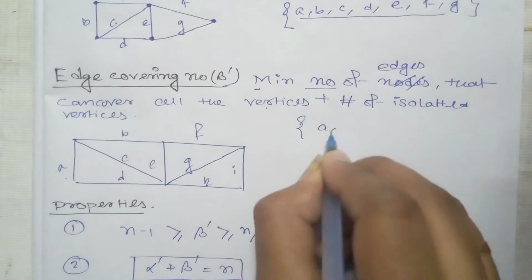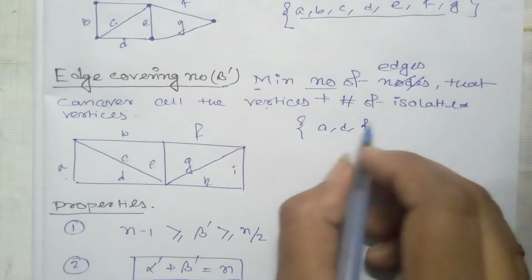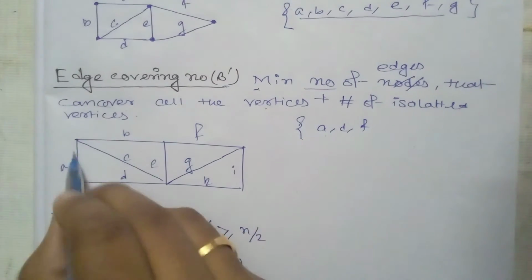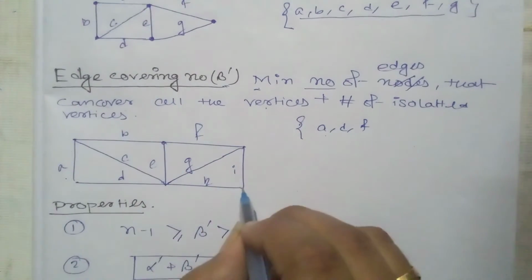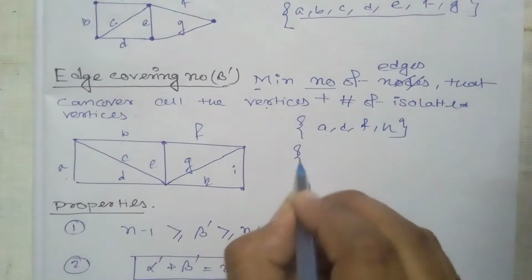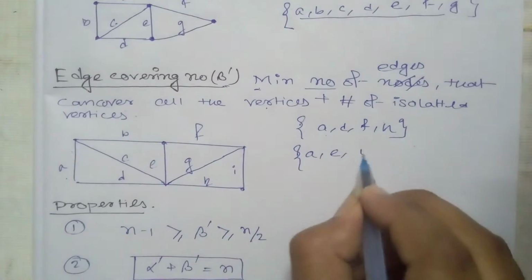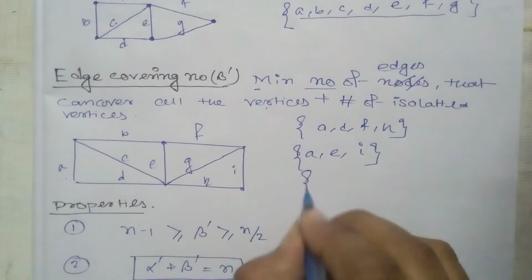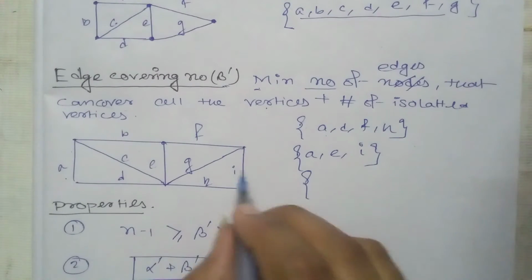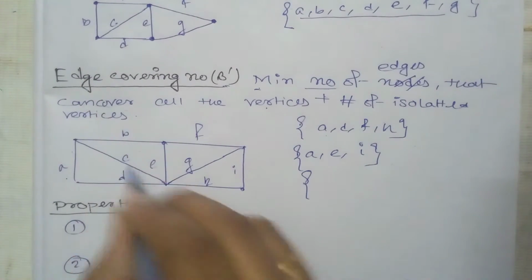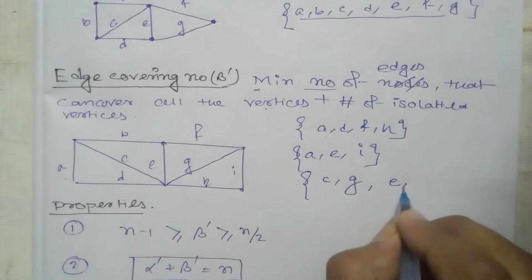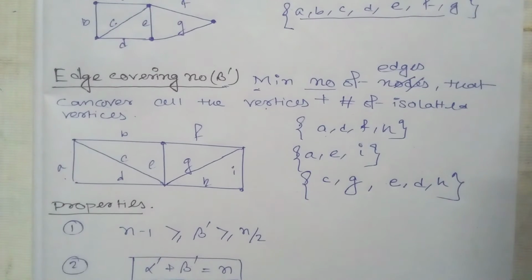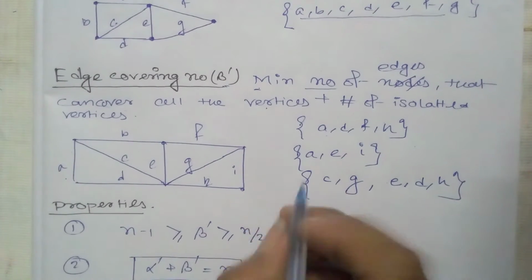We can take A, D, F and H. We can take A, E, I. Anything we can take, like C, G, E, D, H. So these are some edge coverings.